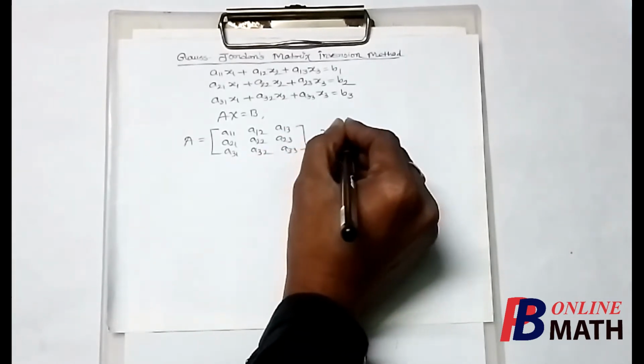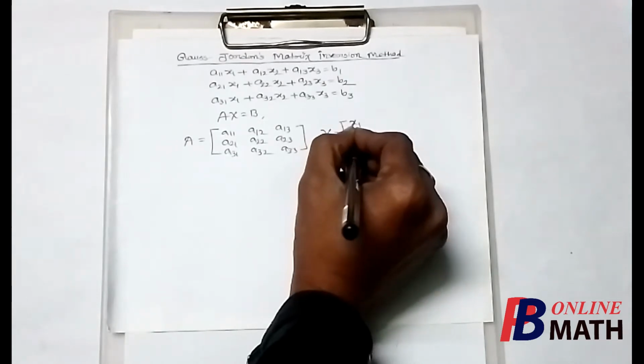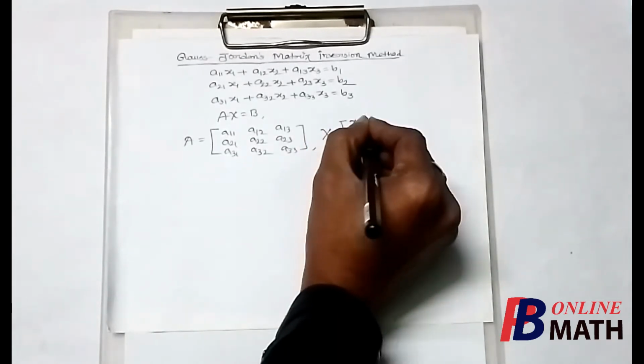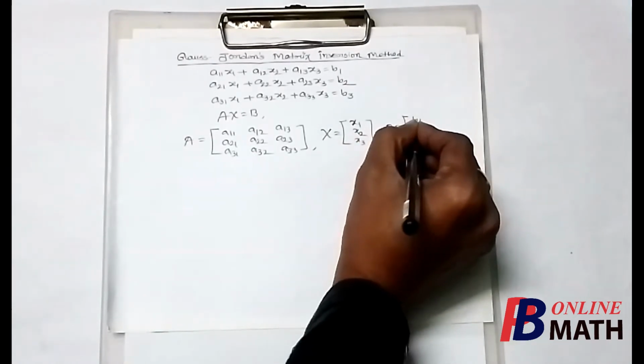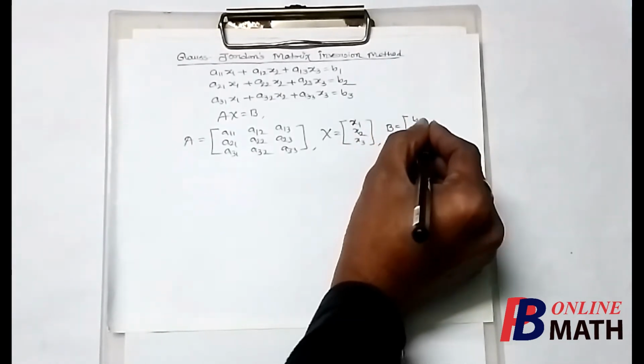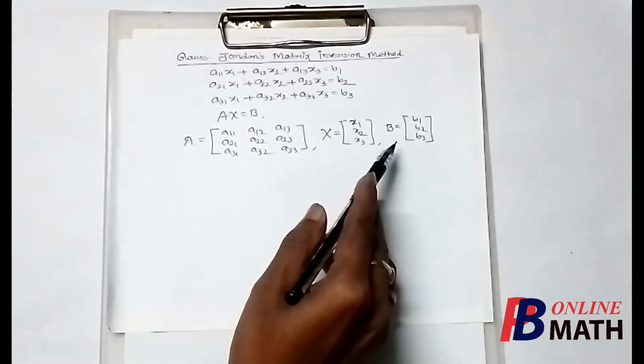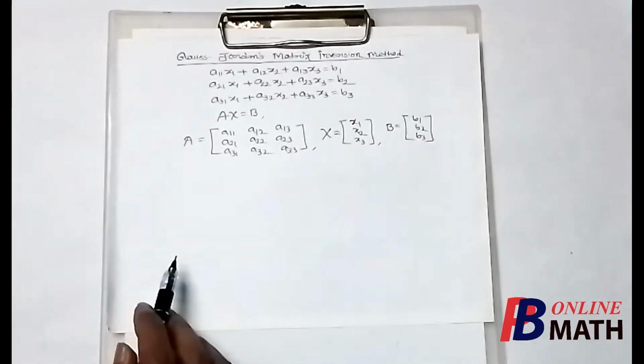X matrix is this matrix x1, x2, x3, the unknowns, and this is the capital B matrix B1, B2 and B3. So this is the column matrix B.